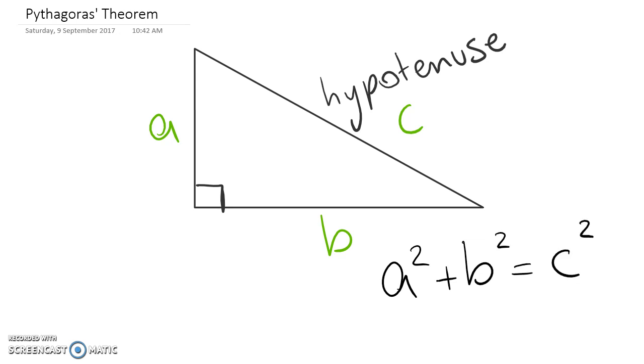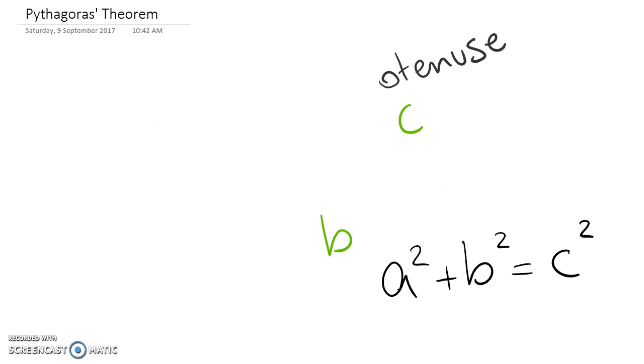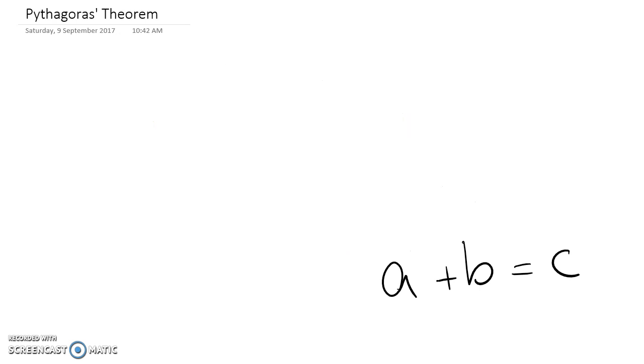So let's have a look at an example of this. So here's our right angle triangle again. Let's say this side is 3 units long, this side is 4 units long.